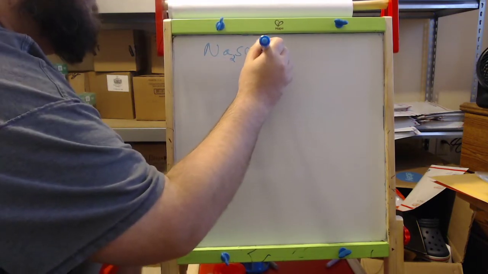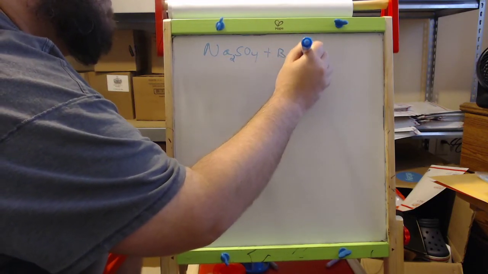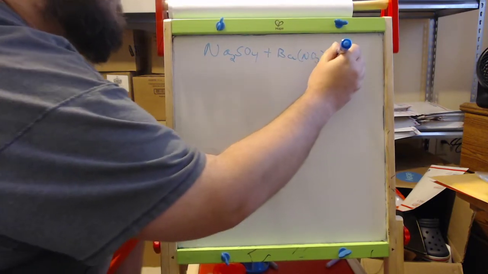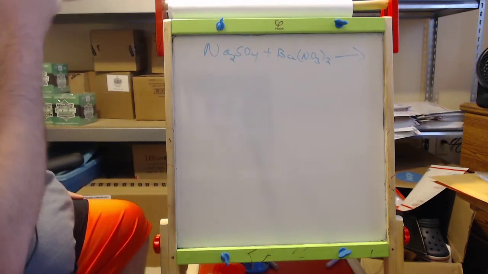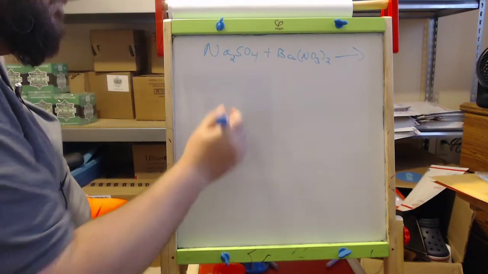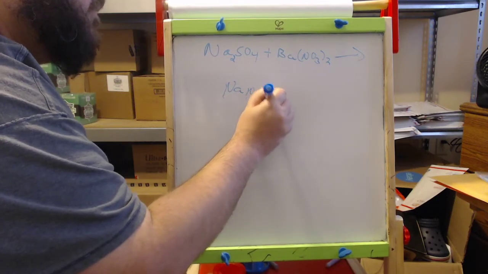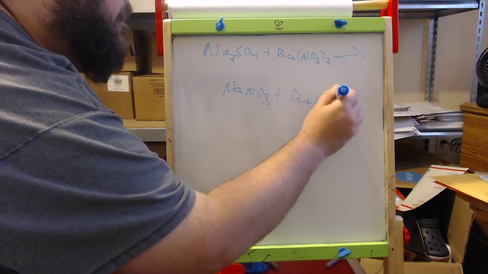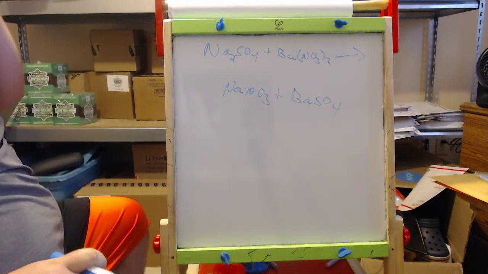Na2SO4 plus Ba(NO3)2, and that's going to give us products, which I will write down here: NaNO3 plus BaSO4. Now, the thing with this, it's a chemical reaction.